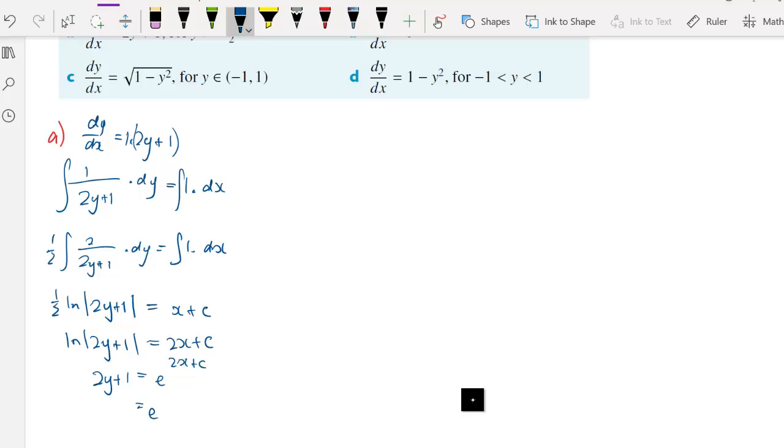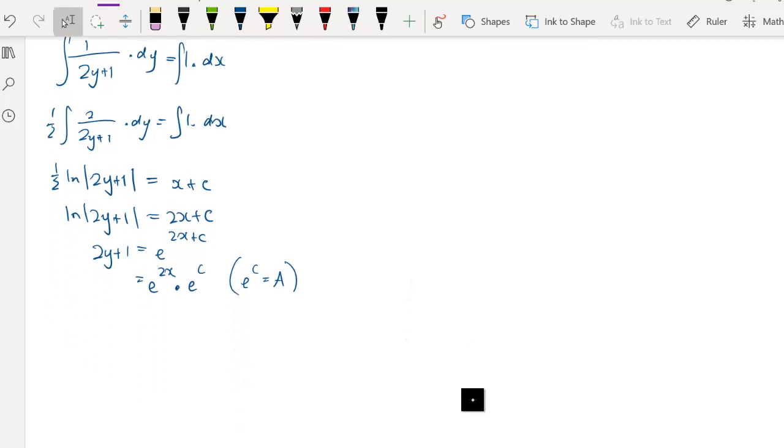That also means it's e to the 2x multiplied by e to the power of c, and we can let e to the c be some parameter a. So now we have 2y plus 1 is equal to a e to the 2x. To isolate y, we can subtract 1, divide by 2, and we end up with y is equal to (a e to the 2x, subtract 1) all on 2.